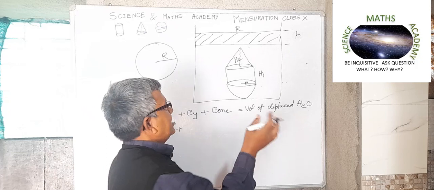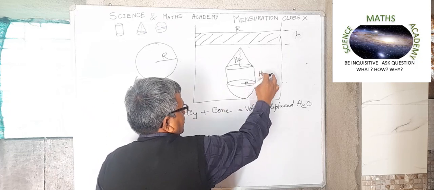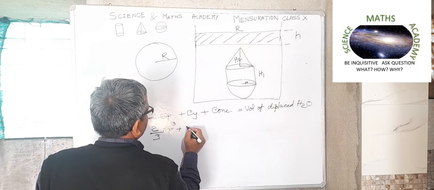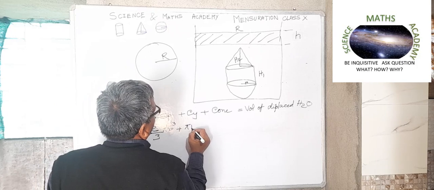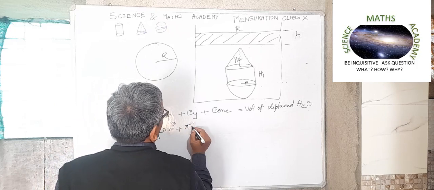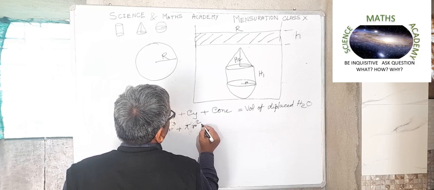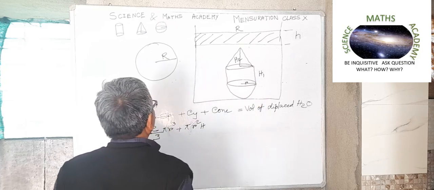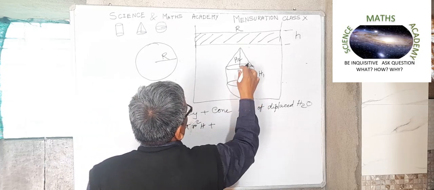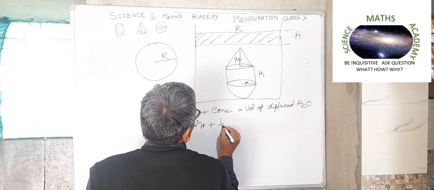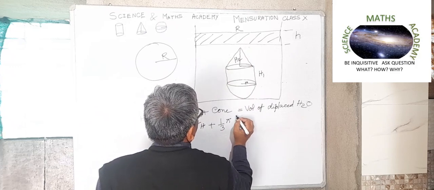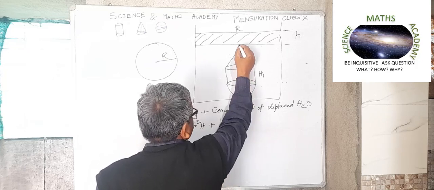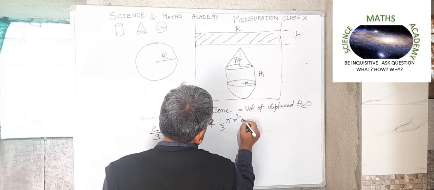Okay, cross sectional area pi r square into h1, here I have taken small r, pi r square into h1. Plus the cone, which is 1/3, very easy, pi r square, this height of the cone is h2.